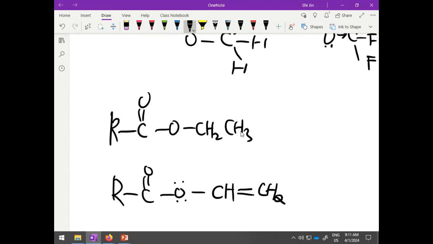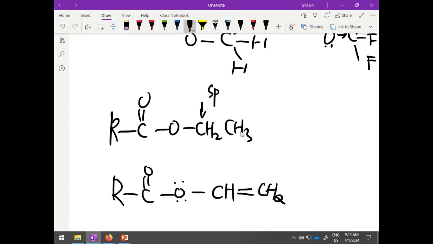So why does the top one have a more stable carbonyl? Yes, the bottom one is more acidic, so it will pull the electron away from oxygen. Very good. You can make two arguments here.